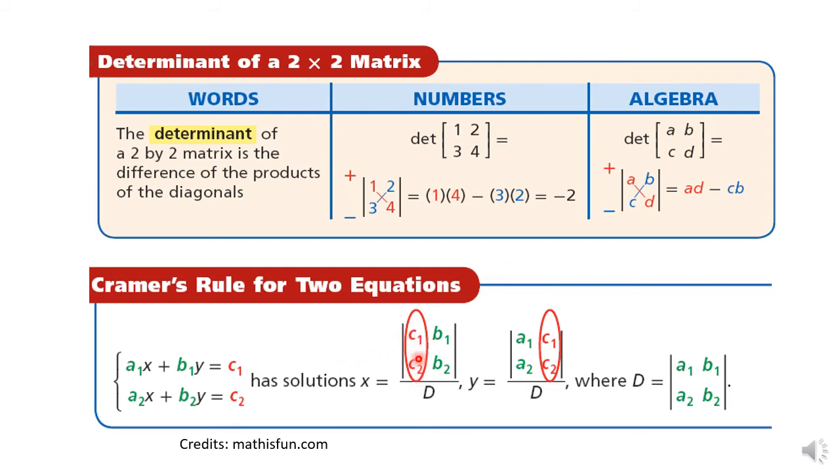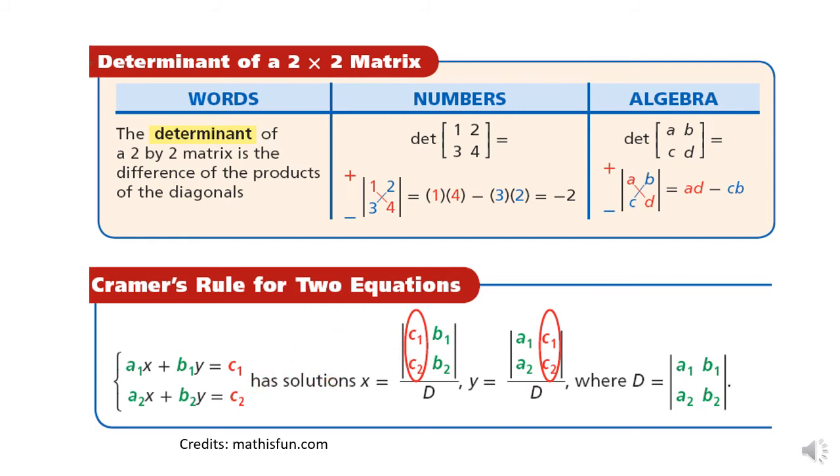The difference between x and y, again, they have the same denominator, determinant capital D. What we did here is instead of b1, b2, we replaced this column by c1, c2. Again, we replace it with the constants.